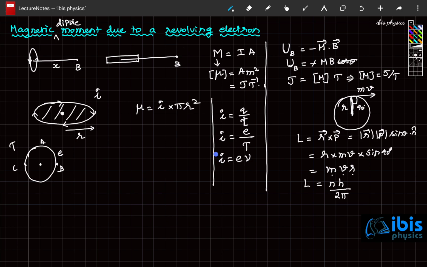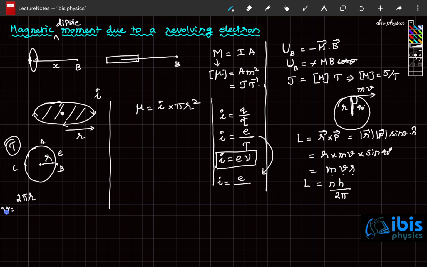So charge into the frequency of revolution of the electron around the nucleus also constitutes current. But I am going to take up this relation only. The current is equal to charge by time. Time taken for one complete revolution is the time period. In one time period it goes around only once, so the distance covered will be equal to the circumference 2 pi r.